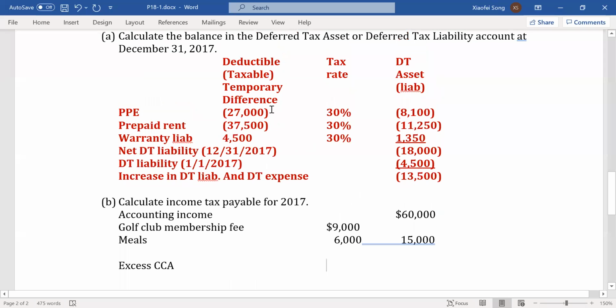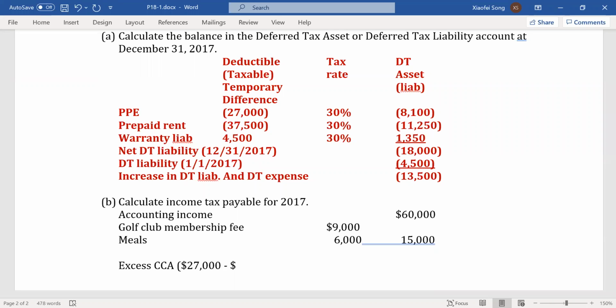So that means the difference increased this year by 12,000. It can be calculated as the 27,000 total difference minus the first year's difference, which is 4,500 divided by 30%. So the difference caused by this year is 12,000.